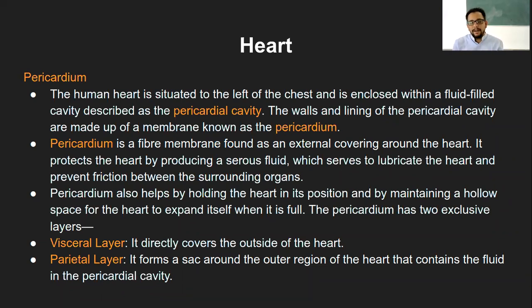Similarly, around the heart what you have is pericardium, which is filled with pericardial fluid, and that does not allow the heart to rub against neighboring organs or layers. So that way it is maintained frictionless, and that function is done by the fluid present in these spaces.